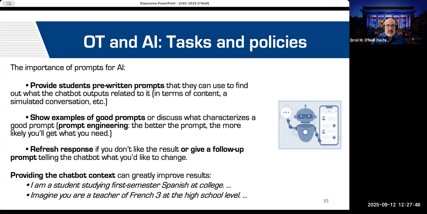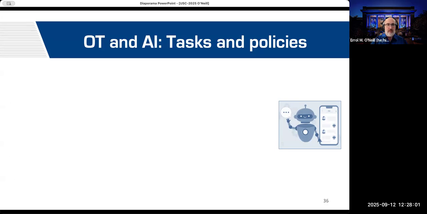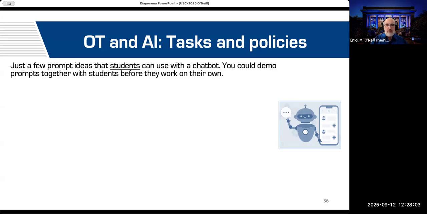Or if we're using it as instructors, imagine you're a teacher of French at the high school level or at the college level. That way, when it's generating its response, it's geared towards that situation.